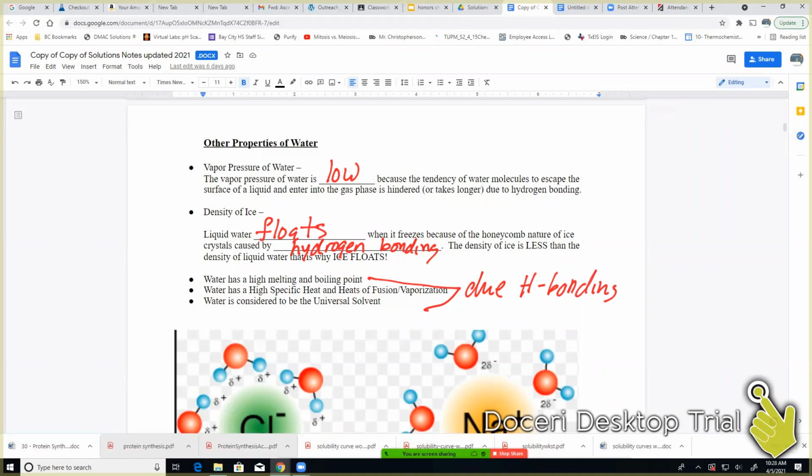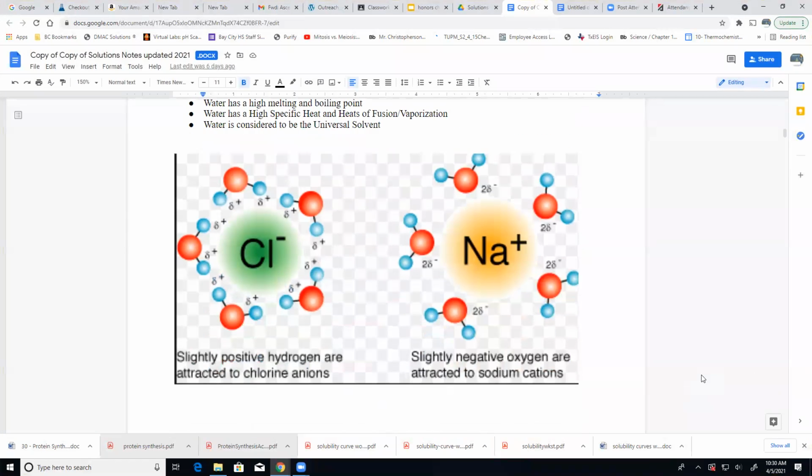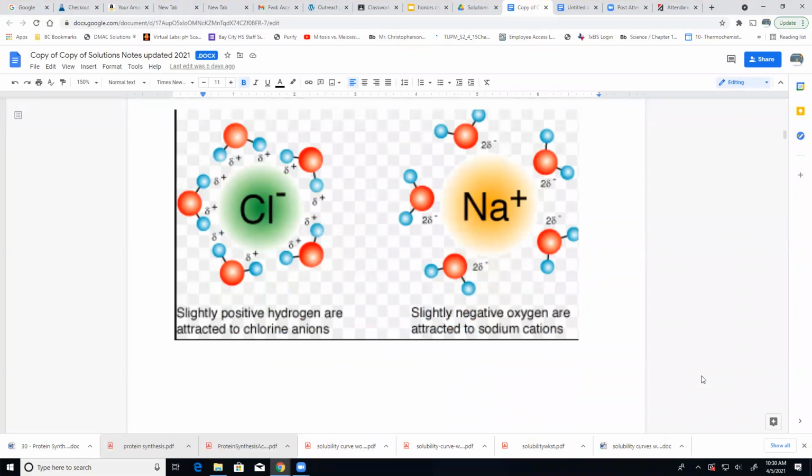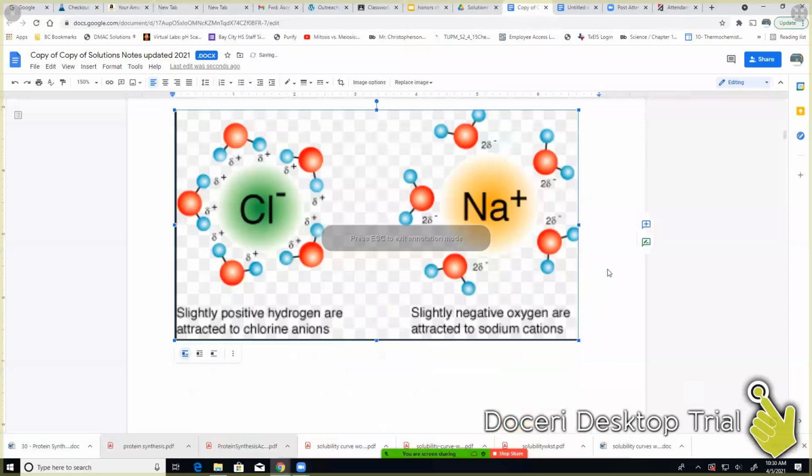High melting and boiling points, high specific heat, and heat of fusion, which we'll use a little bit in this unit. And we'll especially use the fact that water is a universal solvent. It's able to dissolve so many different things. And one of the reasons that it is able to dissolve so many things is because it's polar. This picture just shows you a couple of ions.